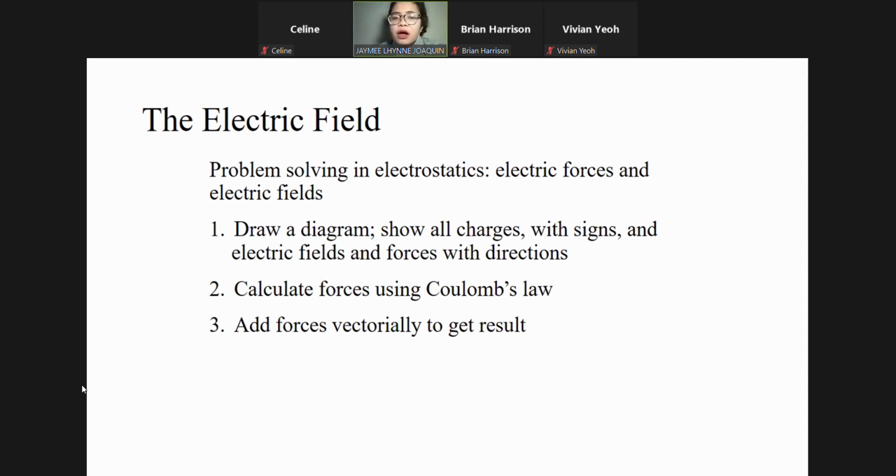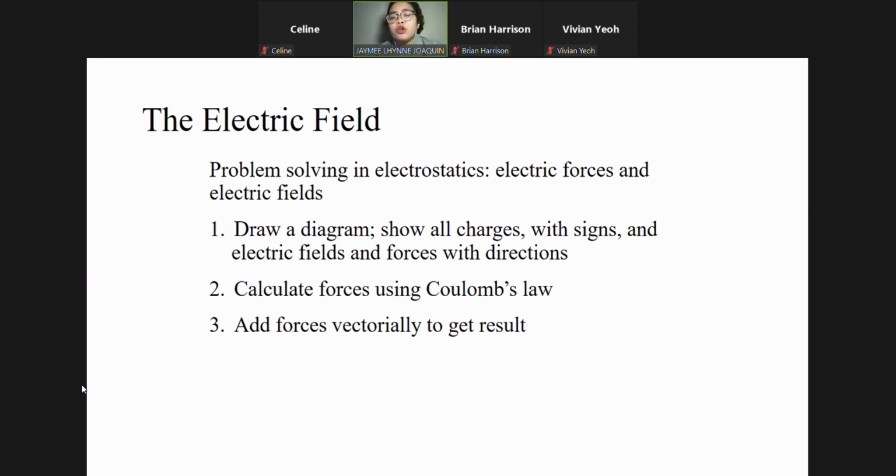Especially if you are talking with vectors, calculate forces using Coulomb's law. You calculate it using your general formula, K multiplied by Q1, Q2 over R squared, for each of the forces.